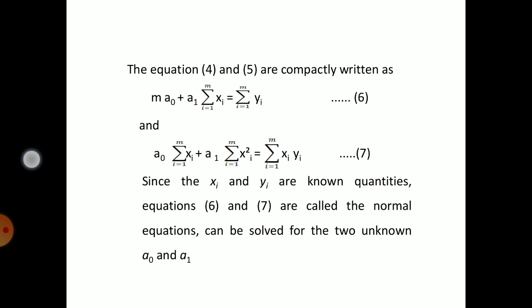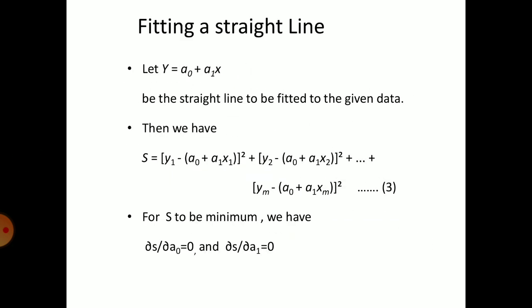And these two equations are simultaneous equations in unknowns a0 and a1, because xi and yi are known quantities, only unknowns are a0 and a1. Equations 6 and 7 can be solved for the two unknowns a0 and a1, and you put the values of these unknowns in our first given equation, y is equal to a0 plus a1 x. After obtaining them, put the values here, and that equation is our equation of straight line, which is to be fitted by the given data.